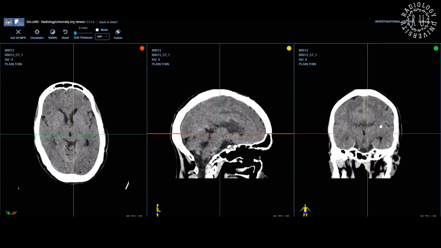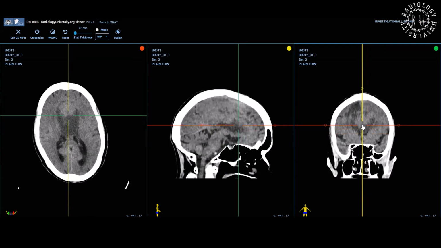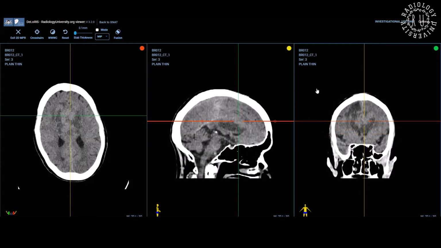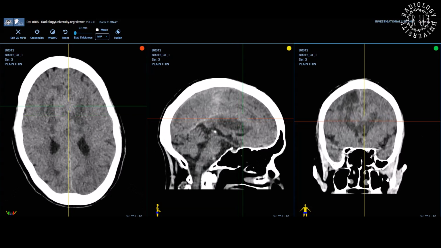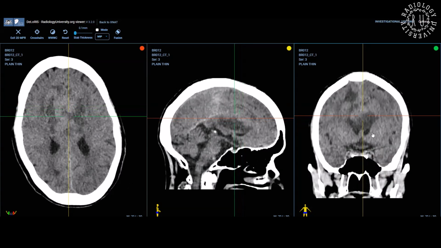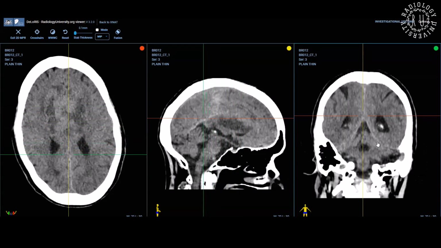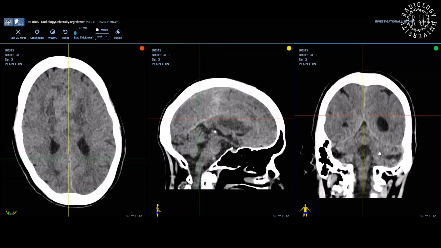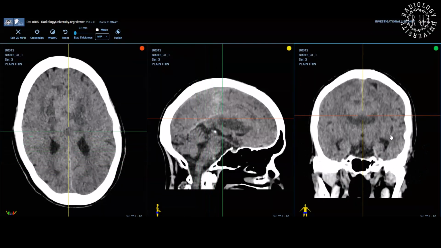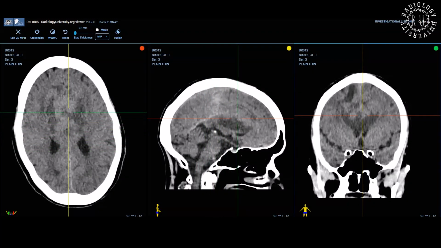This mass lesion exerts significant mass effect on the bilateral lateral ventricles. For a mass lesion crossing the corpus callosum, my differential list would include glioblastoma and lymphoma.